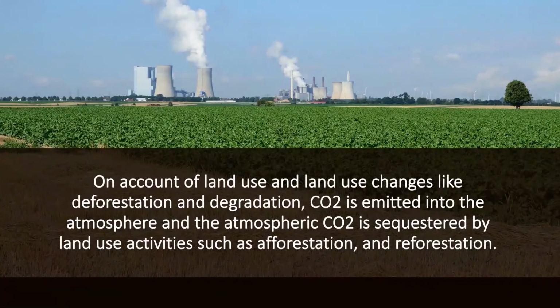On account of land use and land cover changes like deforestation, carbon dioxide is emitted into the atmosphere. And atmospheric carbon dioxide is sequestered through land use activities such as afforestation and reforestation, which have a lot of mitigation potential.